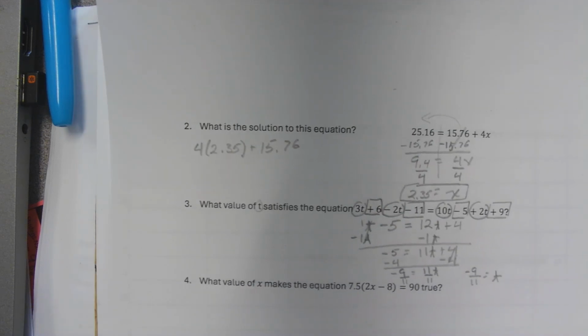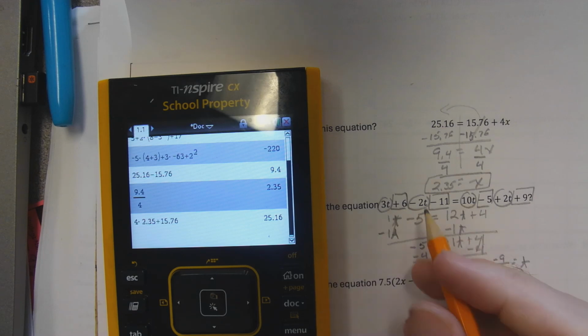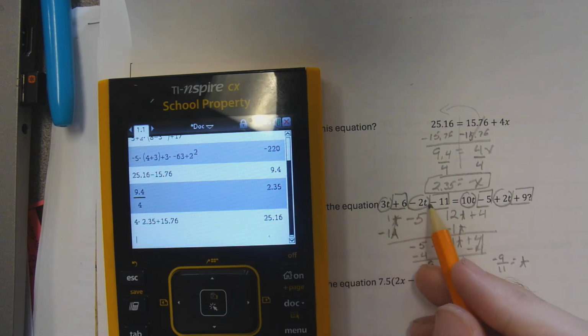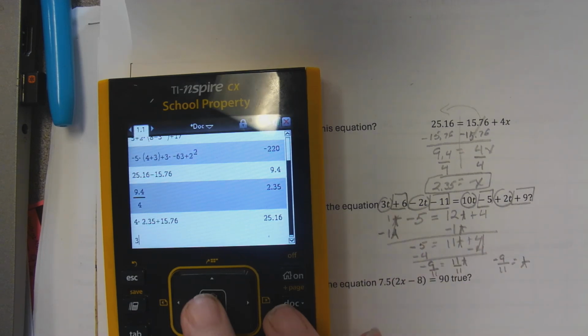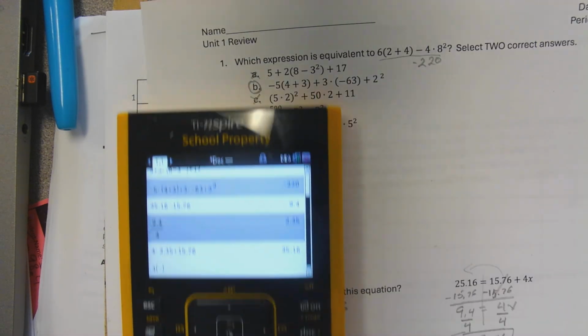And again, I can do a simple check. I just type this in. So I take my original equation, 3 parenthesis, negative, again, we use the actual negative key.